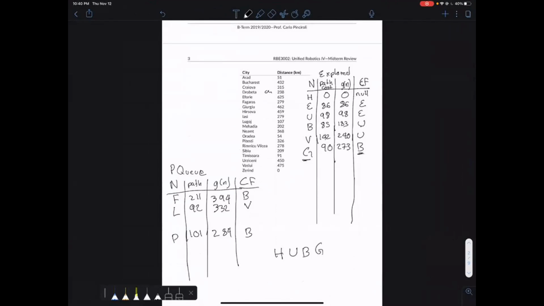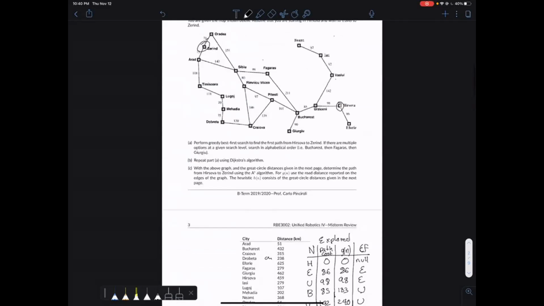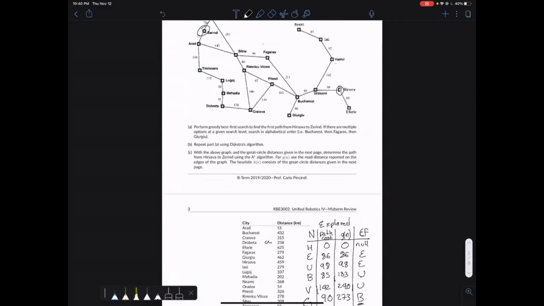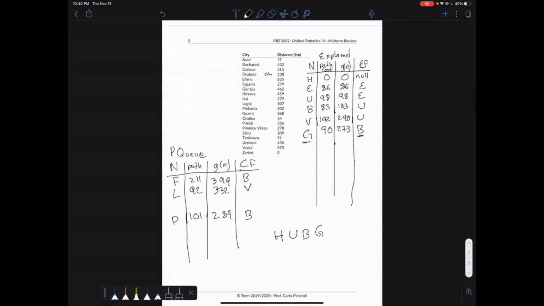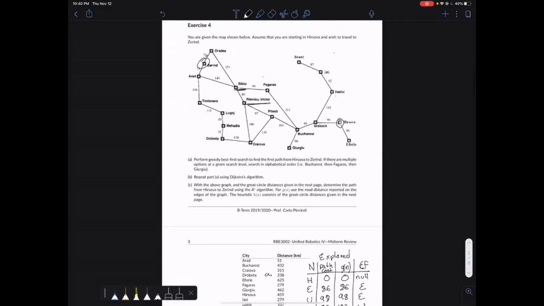If not, let's go ahead and move straight to A star. If you keep following this general algorithm, you will get the correct answer. The only other thing to keep in mind is, let's say you have Rimu Vikea already in the list, and then you run into it again while you're exploring, like from Cebu or something.